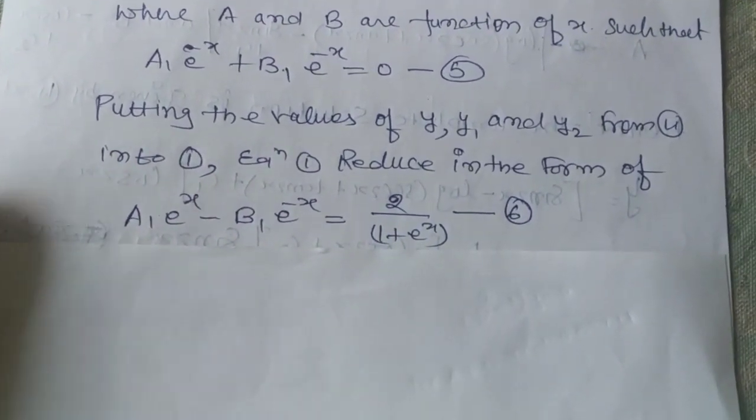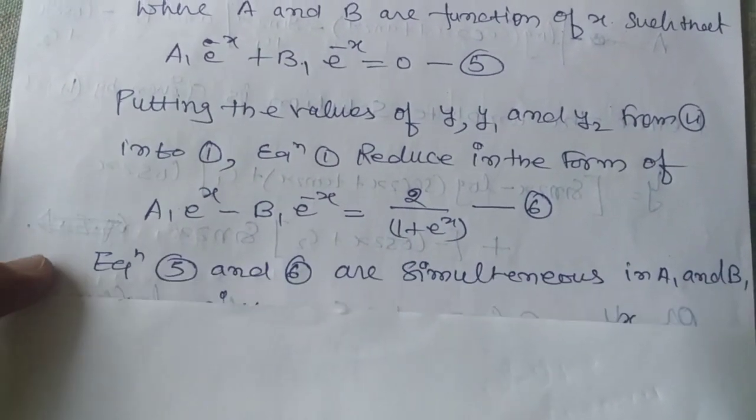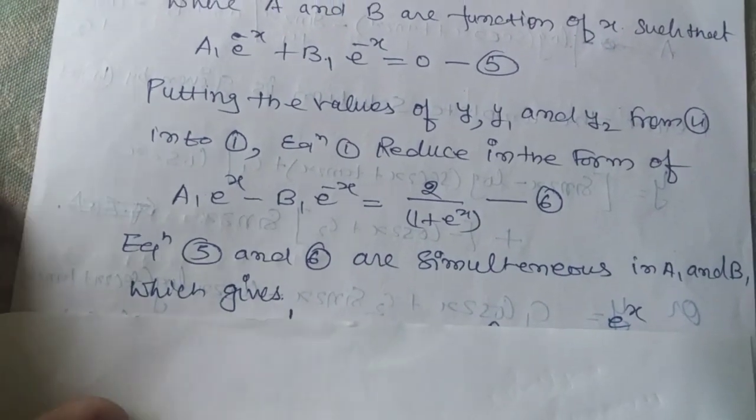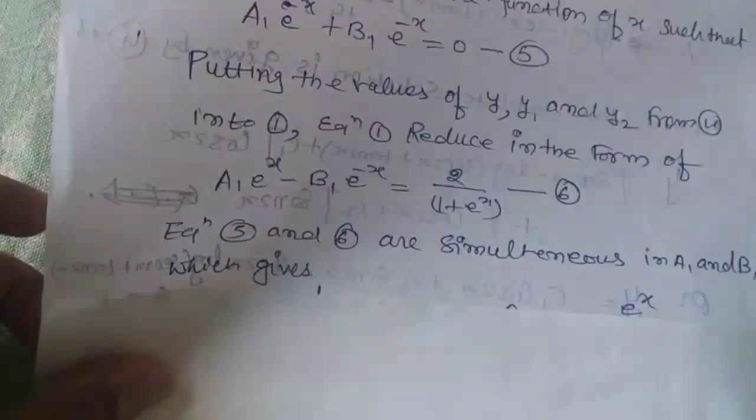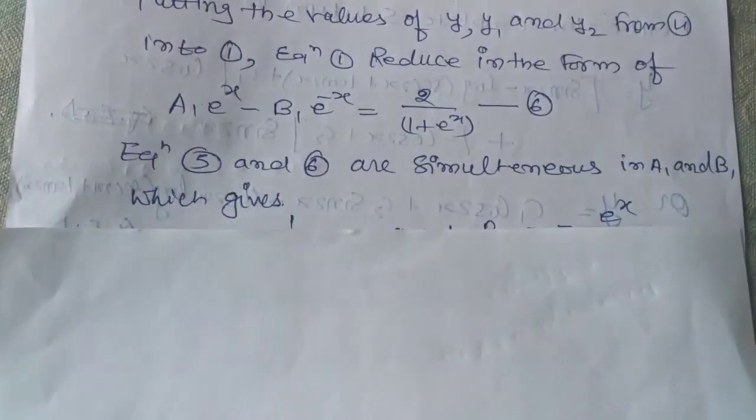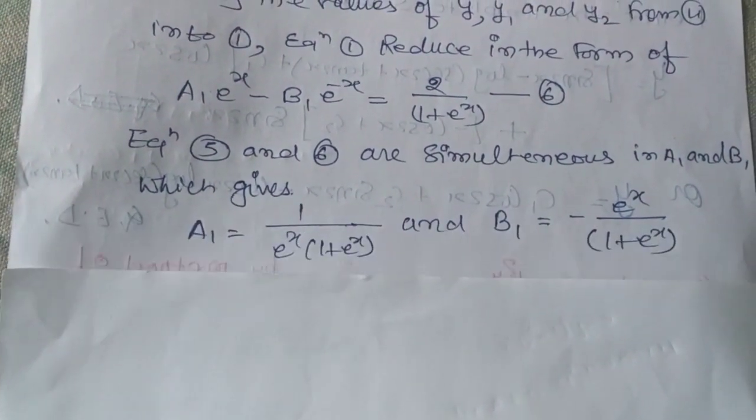Now equations 5 and 6 are simultaneous equations in a1 and b1. So after solving them, we get the values of a1 and b1.